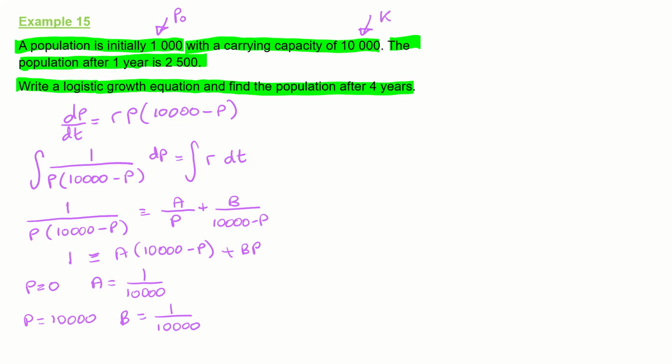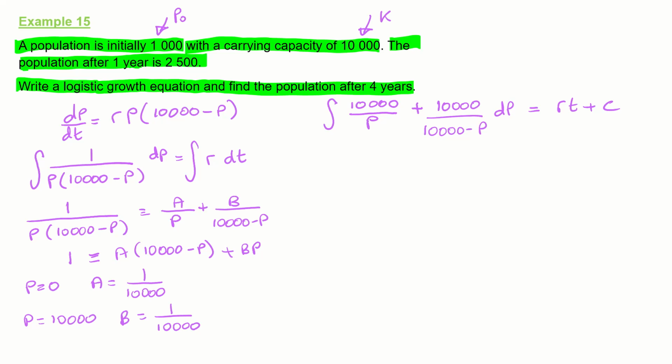And so we get the integral of (1/10,000)/P plus (1/10,000)/(10,000 minus P) dP equals the integral of r dt, which we can write as rt plus a constant.